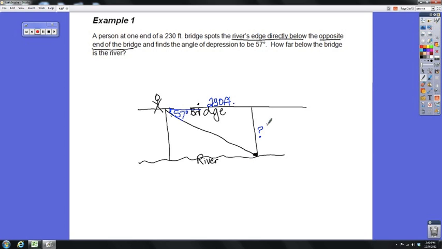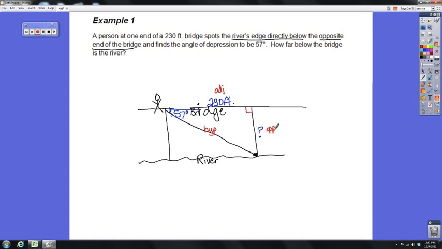Now we need to think about how we're going to figure that out. We're going to use our trig ratios, opposite, adjacent, and hypotenuse. We need to figure out which trig ratio to use. So this is our reference angle here. In reference to this angle, let's label our triangle opposite, adjacent, and hypotenuse. Well, this is going to be our 90-degree angle. So in reference to our 57 degrees, what I'm looking for is opposite. 230 feet is adjacent, and this is the hypotenuse.